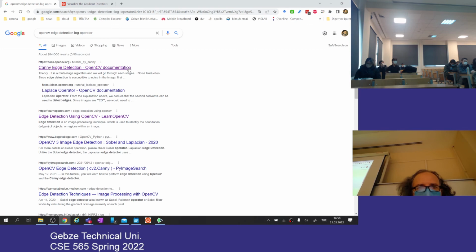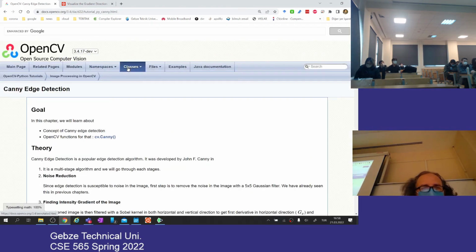These are all Canny. I couldn't find it, but I remember there is a Laplacian of Gaussian edge detector somewhere.